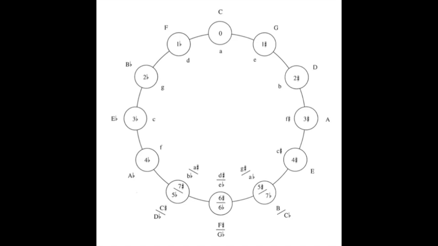You may find it easier to learn the minor scales in terms of their relative majors, as in the circle of fifths diagram, instead of in terms of the parallel majors, which is how minor scales are introduced.